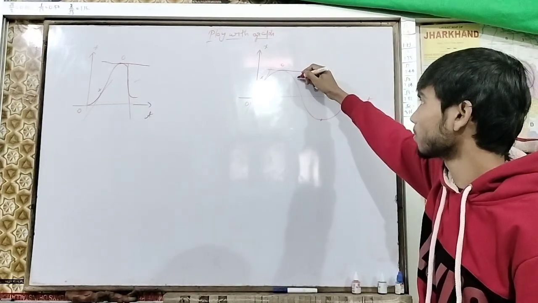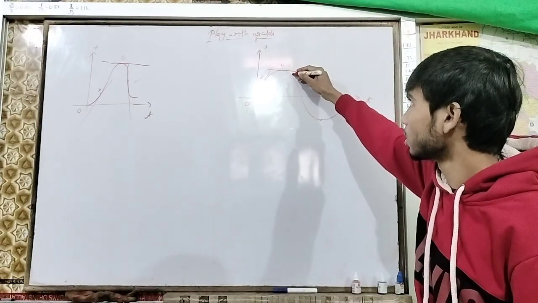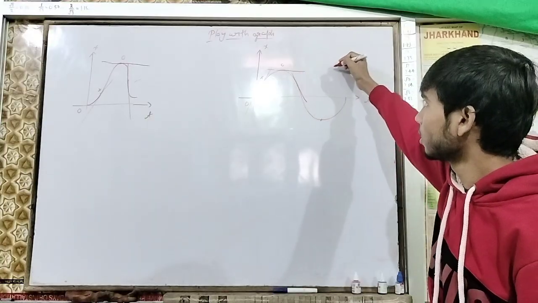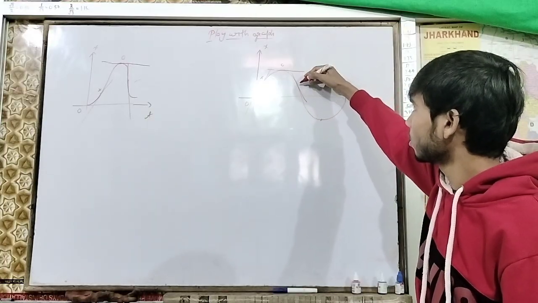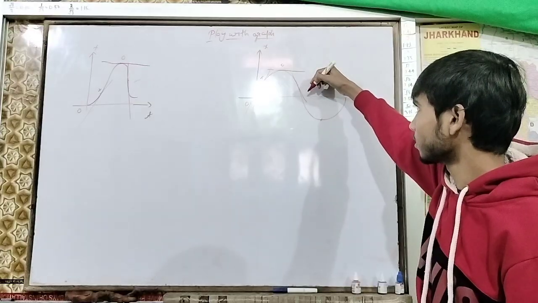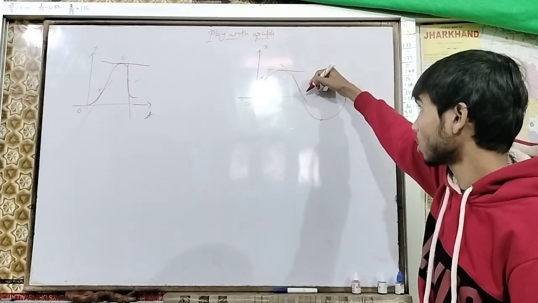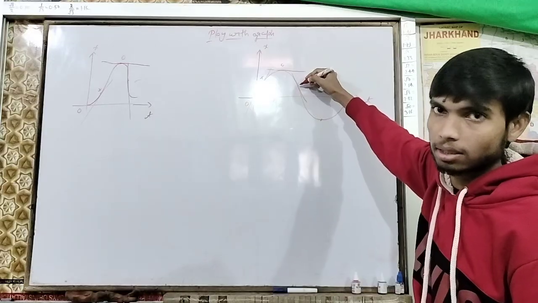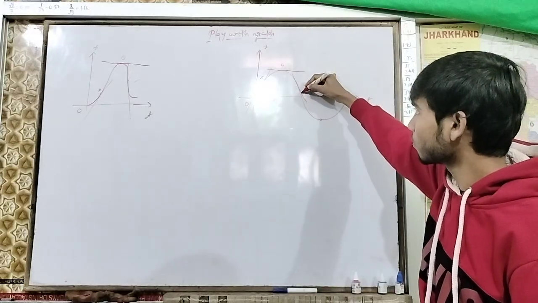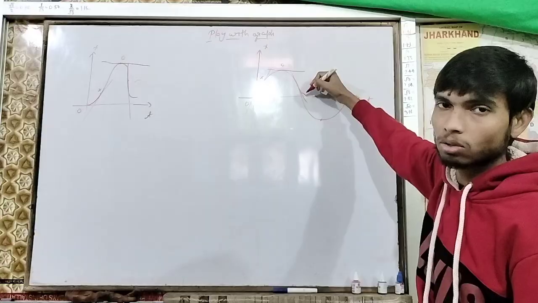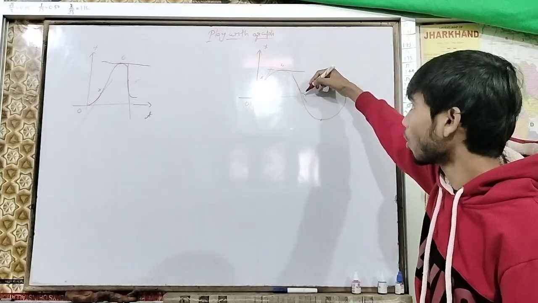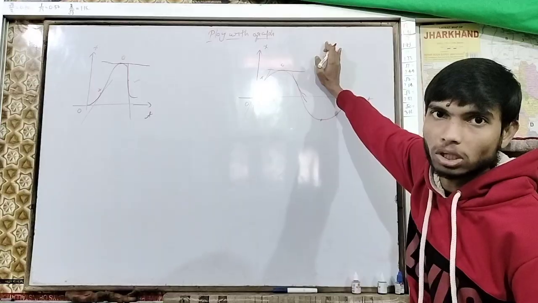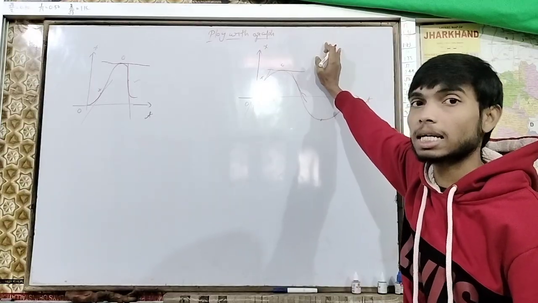Now this third point, in this part we are getting a tangent line like this, and our work is to find the angle of this tangent with this line. Of course this is an obtuse angle, not acute. Obtuse angle is greater than 90.